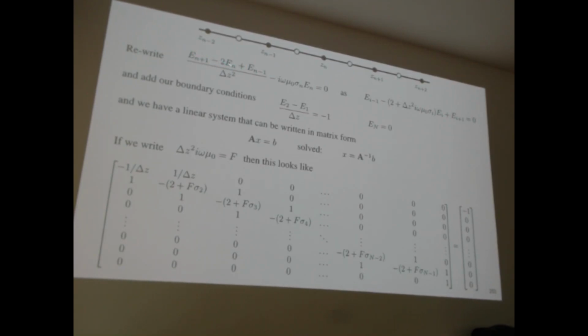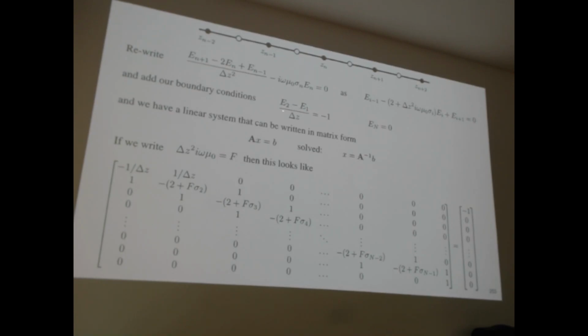So I've got the electric field at 3 nodes divided by the square of the node separation, minus the frequency times the conductivity times the electric field is equal to 0. And I can rearrange this in terms of the electric fields on the nodes.